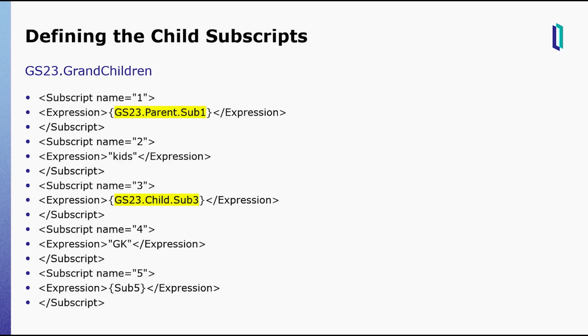And then defining my child, full row reference for the first 2 values, right? Schema.table.property from the grandparent, schema.table.property from the parent, and then subscript 5. Okay?